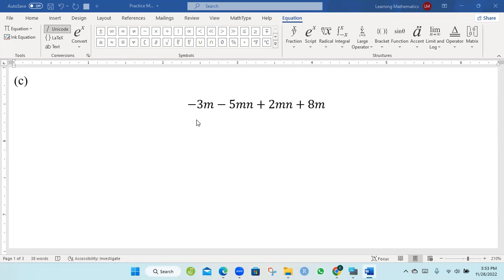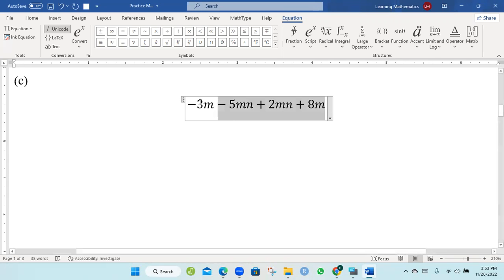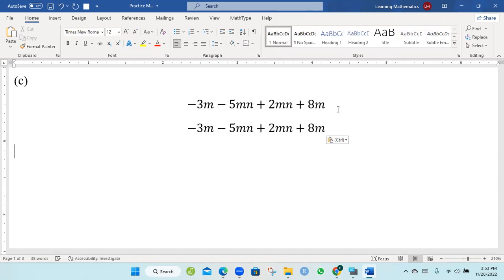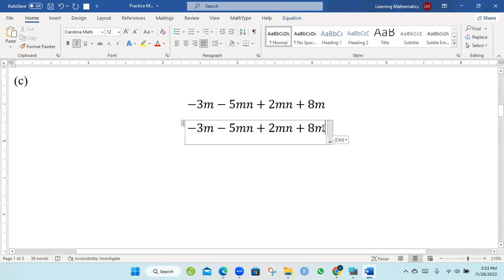So C is equal to minus 3m minus 5mn plus 2mn plus 8m. So clearly, negative 3m is like 8m. Or plus 8m, we have to carry the plus also. And bring negative 3m and plus 8m together.